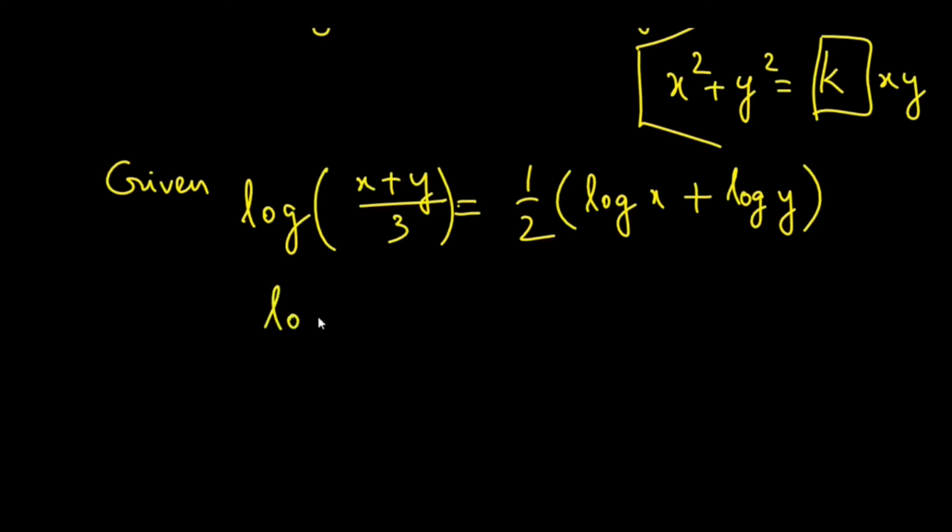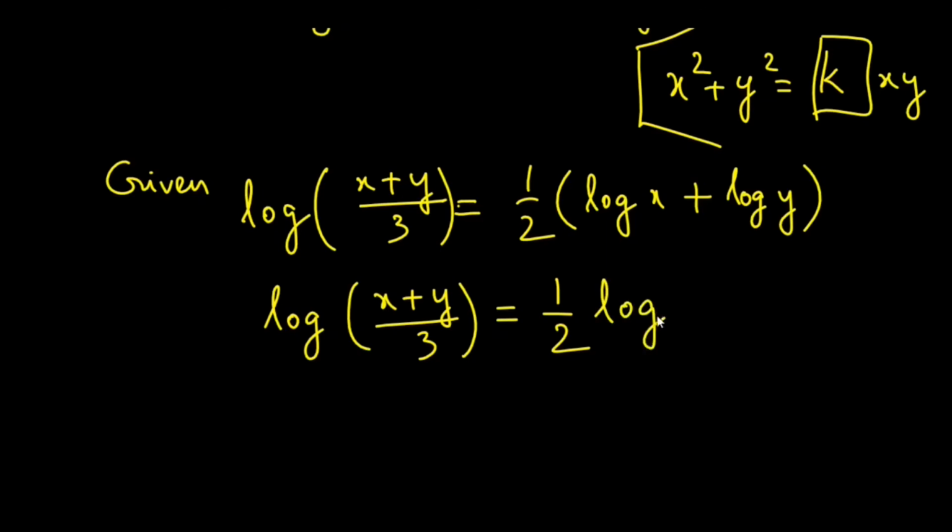Now log of (x plus y) by 3 is equal to 1 by 2 into log of xy. Here we use product rule. Log x plus log y can be written as log of xy.